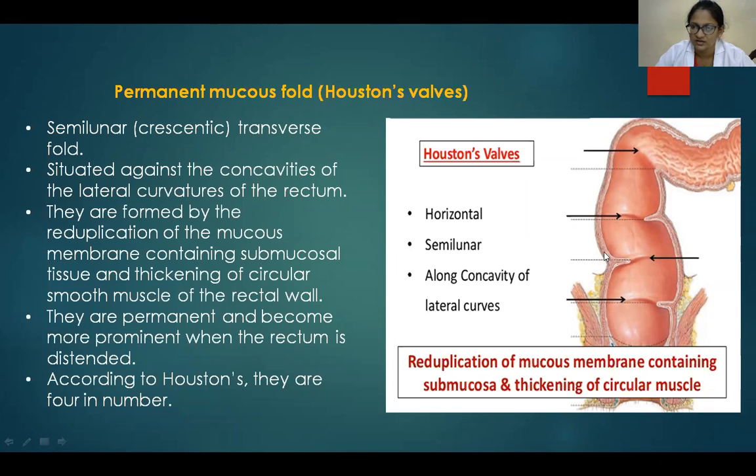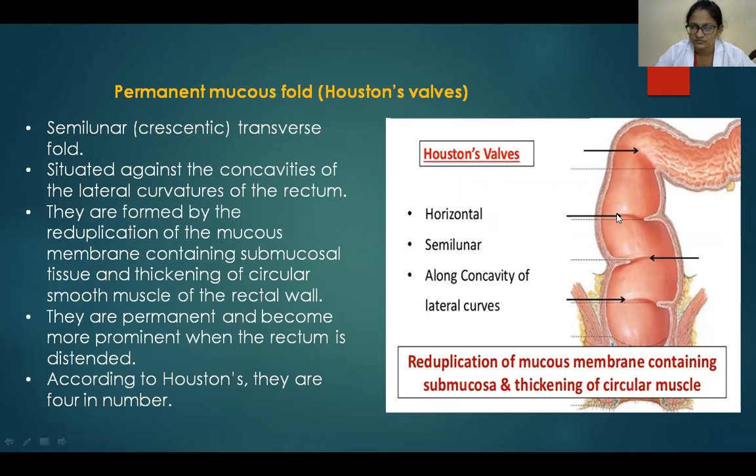Here there is a reduplication of the mucous membrane containing submucosal tissue, and a thickening of the circular smooth muscles in the rectal walls.